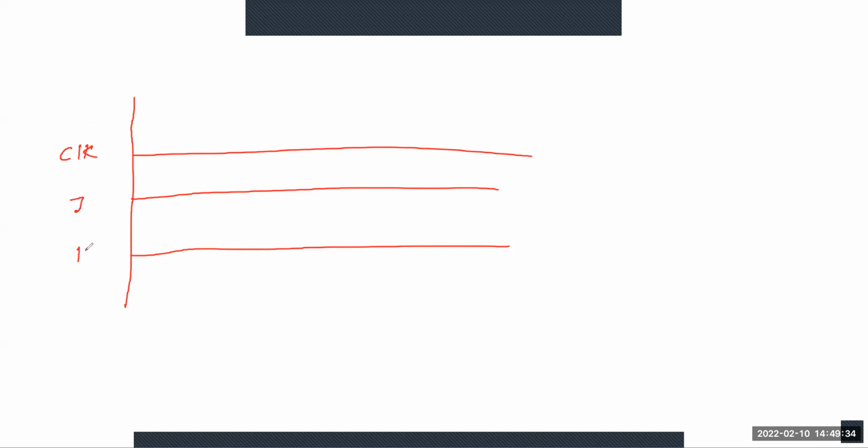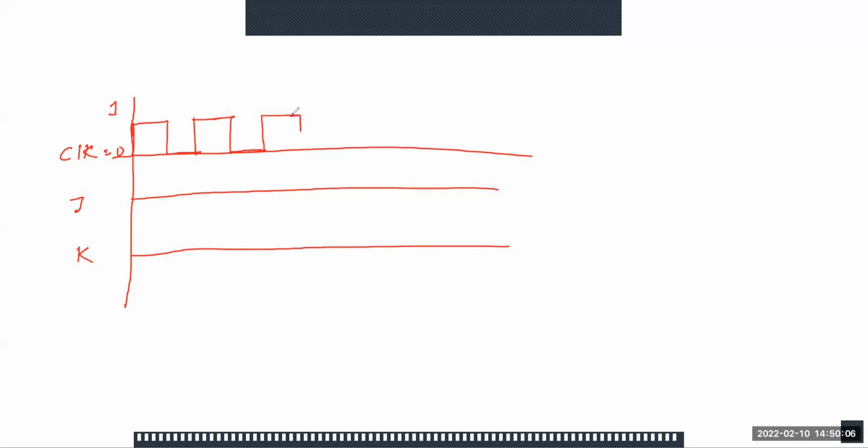This is J and this is K. Okay, and here the clock is 0 and it is clock 1.